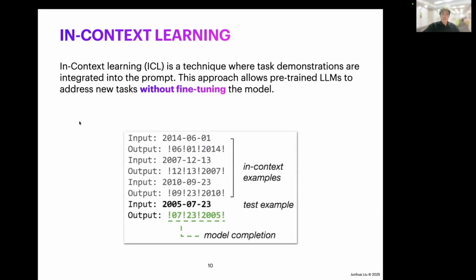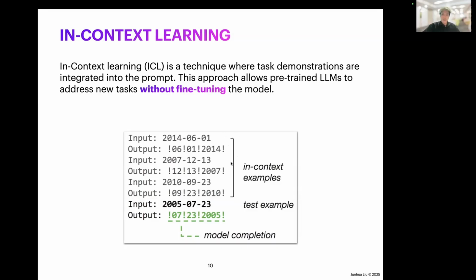In-context learning is a technique where task demonstrations are integrated into the prompt. This approach allows pre-trained LLMs to address a new task without fine-tuning the model. Here is an example. This part is the prompt, all the way until the output, in black color text. The earlier parts are the examples given before the requested input.